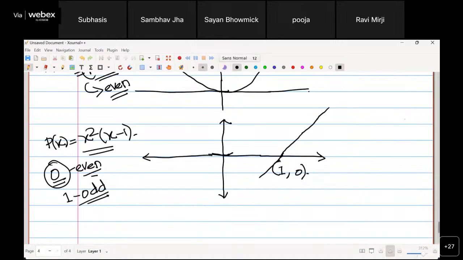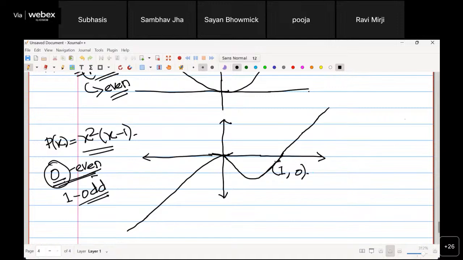So it will come and go towards 0. Multiplicity of 0 is even, so again it will bounce back. And since there is no more root to the left of 0, it will go towards minus infinity.